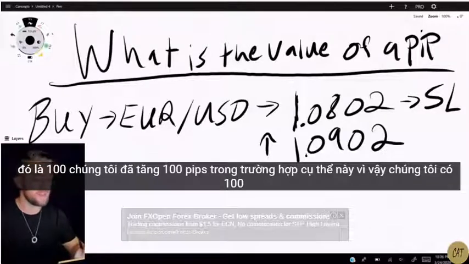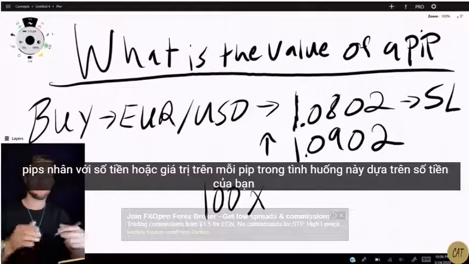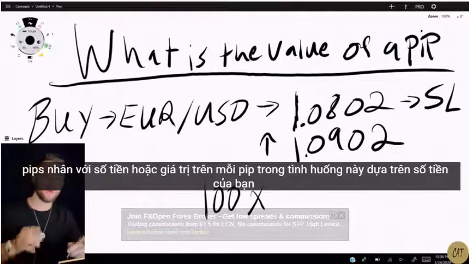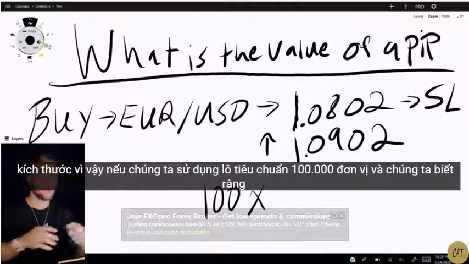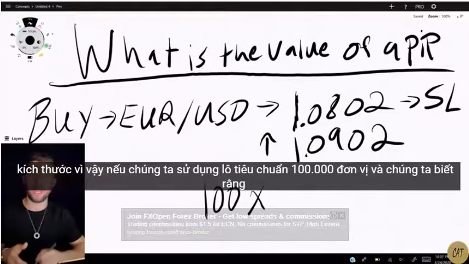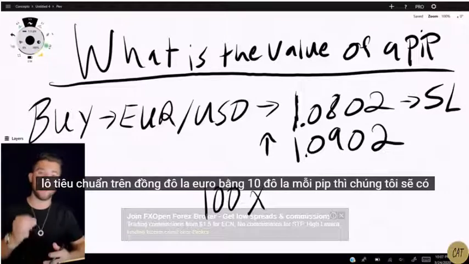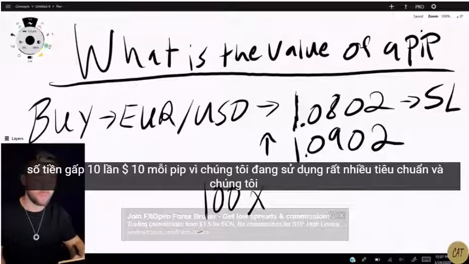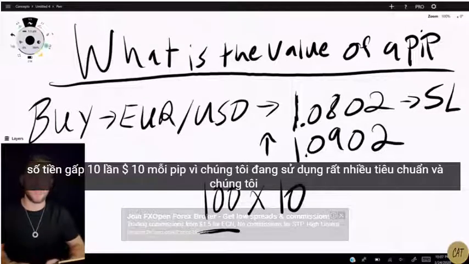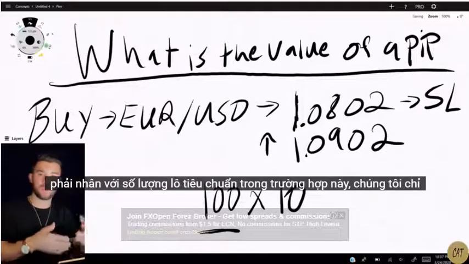So we have 100 pips times the value per pip based on your lot size. If we used a standard lot of 100,000 units, and we know that a standard lot on the euro dollar is equal to $10 per pip, then we would have our amount of pips times $10 per pip, and we have to multiply by the amount of standard lots.